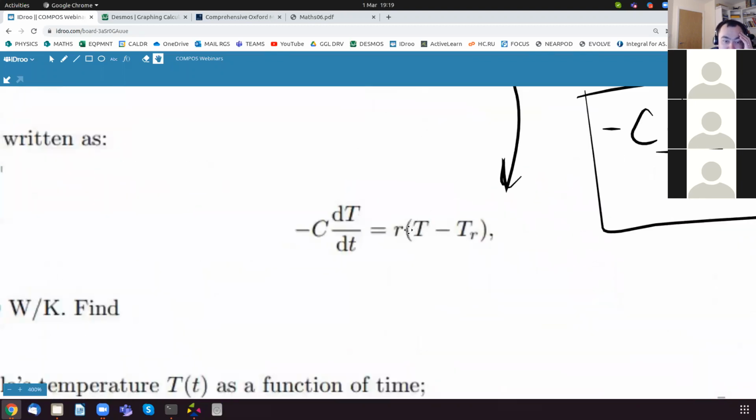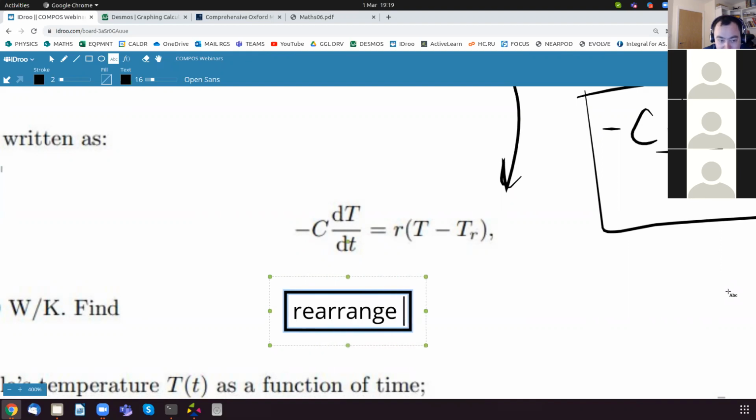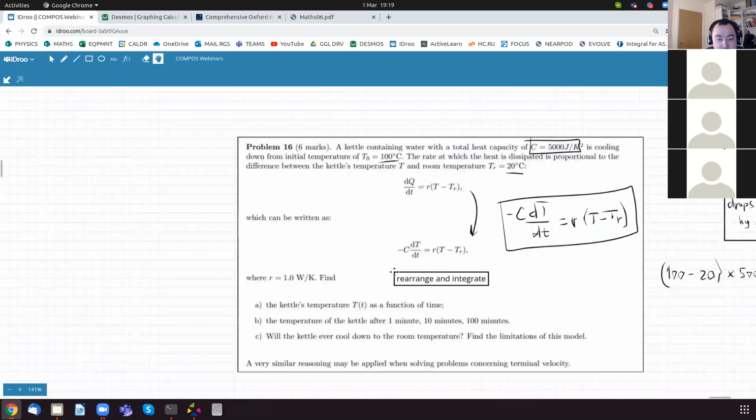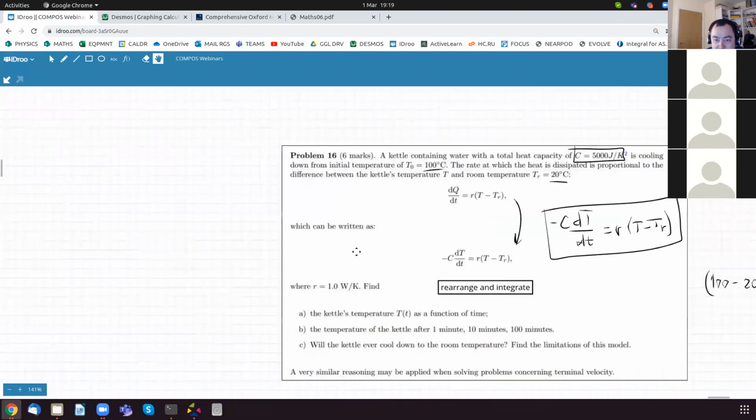So you need to rearrange that and integrate. You need all the capital T's on the left-hand side, and all the small t's on the right-hand side. Well, there's only one small t. Rearrange and integrate. So that's for this question.